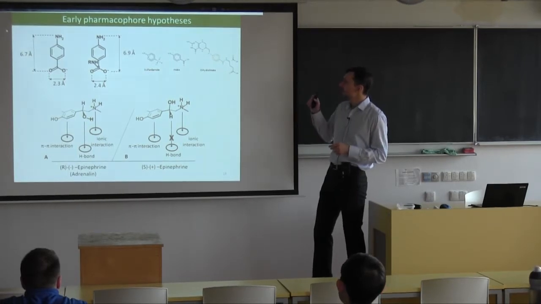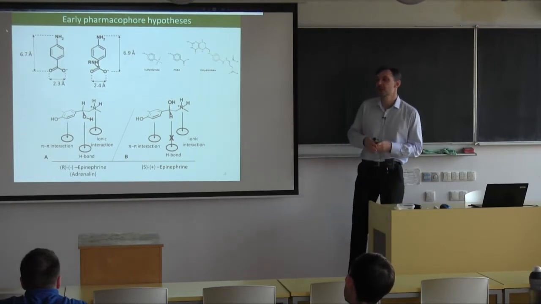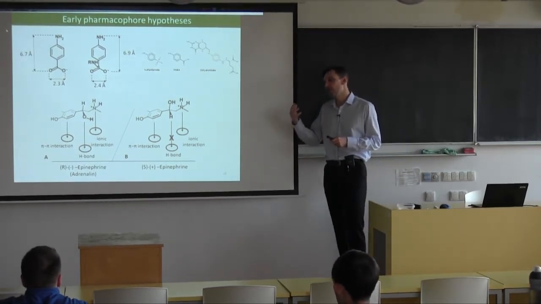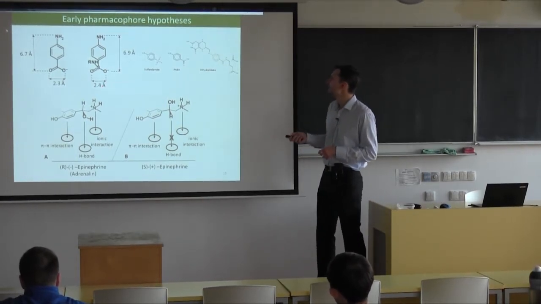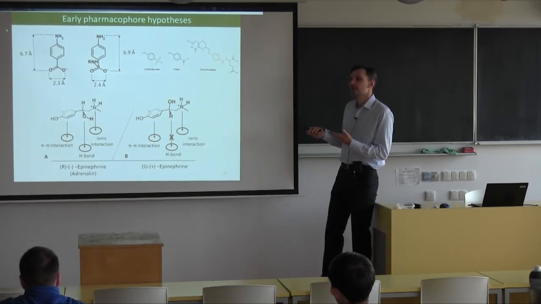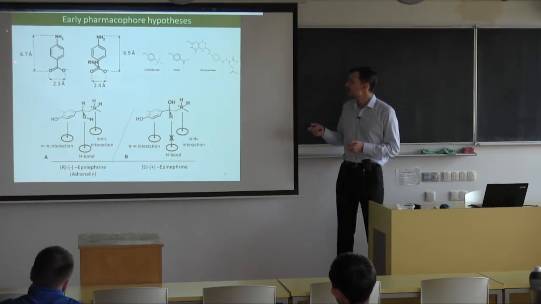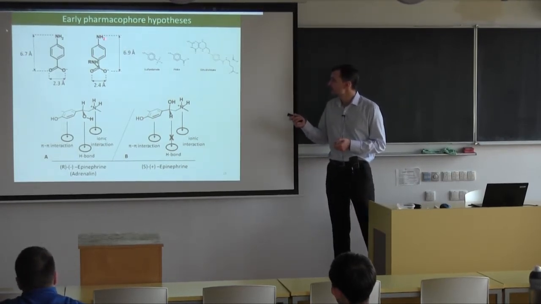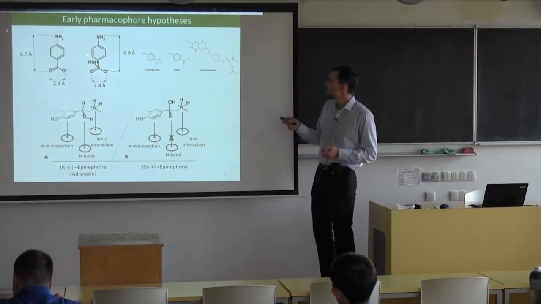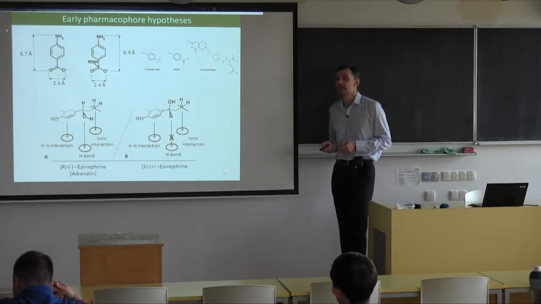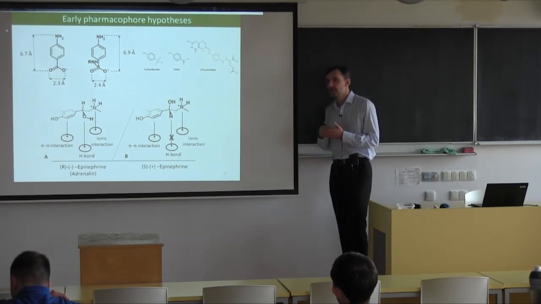Here are just some examples from the very early representations of how researchers thought about pharmacophores. The first example is an explanation of why sulfonamide works as a bacteriostatic agent. There is a similarity in the distance between these groups and this negatively charged one, because this compound is similar to para-aminobenzoic acid, which is used by the cells in the life cycle of a bacterium.